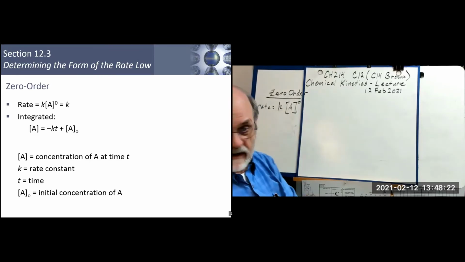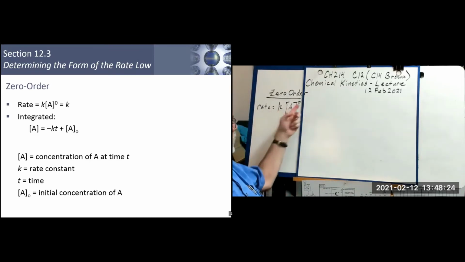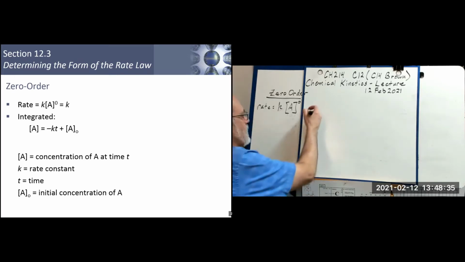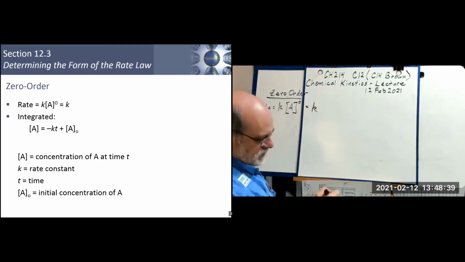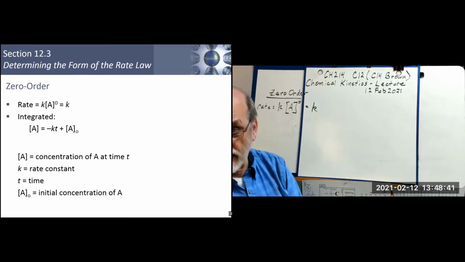That's it. If we're going to say it's zero order, then that n has to be 0. But what does that reduce to? In terms of mathematics, anything to the 0 power is 1. So the rate is simply equal to the rate constant.